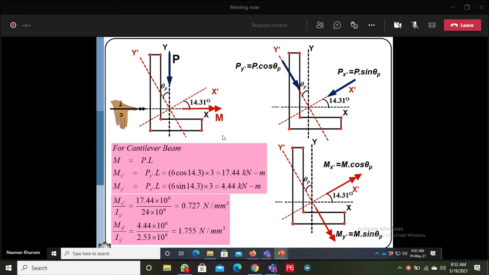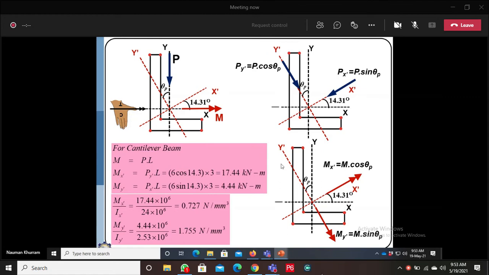So P cos theta into 3 will be the moment acting about the x-axis, and the value will be 17.44 kilonewton meter. Moment about the y-axis will be produced due to the load which is acting along the x-axis, because moment is always produced about the axis which is perpendicular to the load.